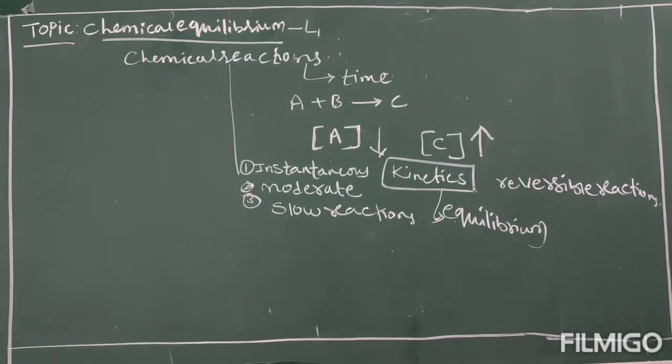Before going to that, the study of chemical reactions can be done with respect to two different aspects: the time taken for the completion of the reaction and the favorable conditions required for the respective reactions. The branch of chemistry which deals with the time and the favorable conditions of a chemical reaction is called chemical kinetics, and the kinetics of the reversible is studied as chemical equilibrium.